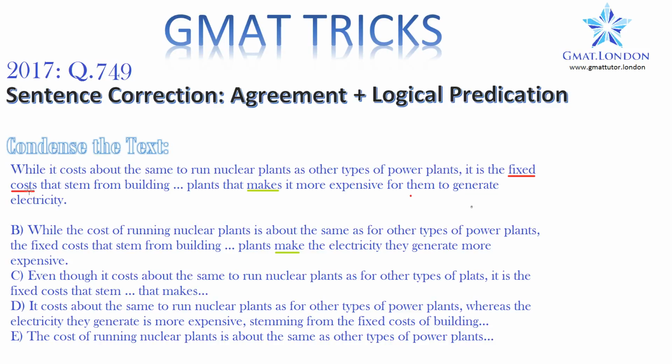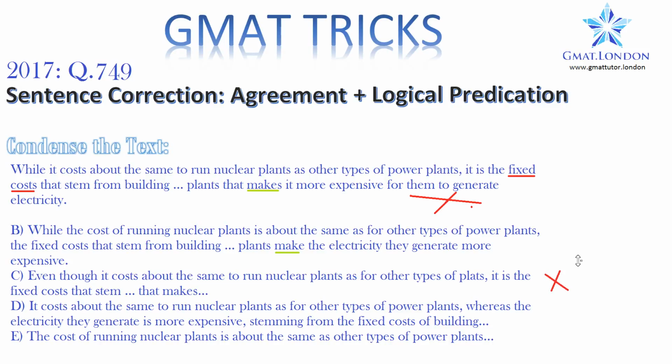Make or makes? So think of those toys. Is it the toys make or the toys makes? It's the toys make. In this case, the fixed costs make the electricity more expensive. So the error there was the makes, and that's going to eliminate A, and it's also going to eliminate C.